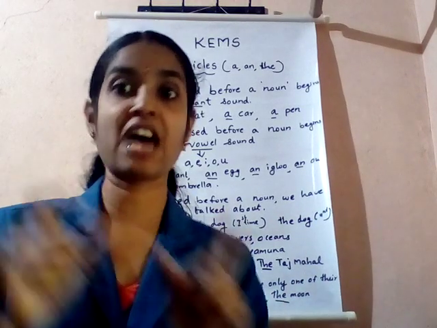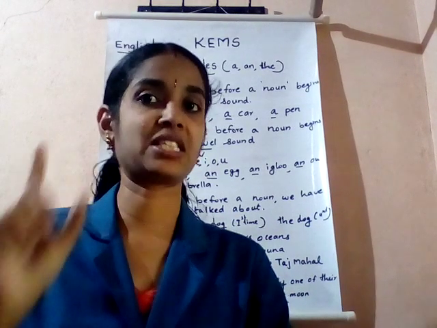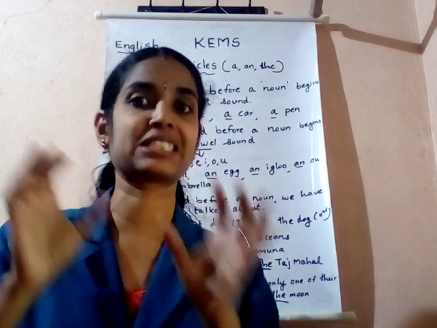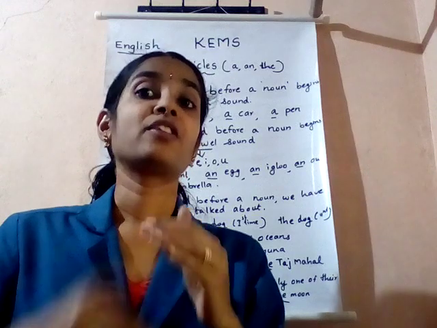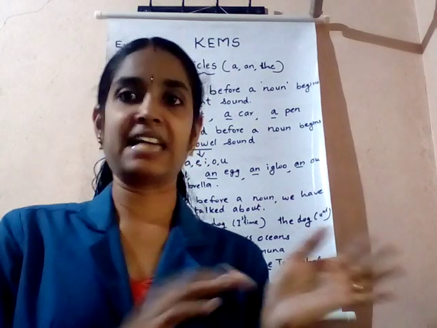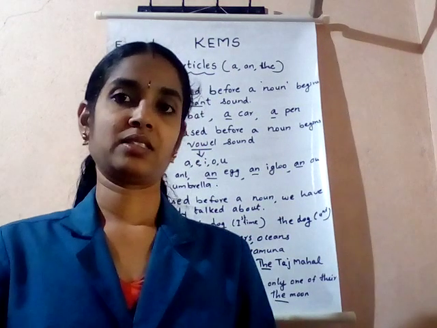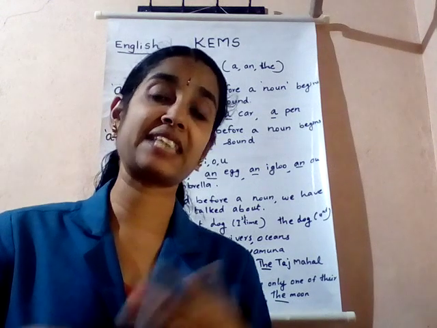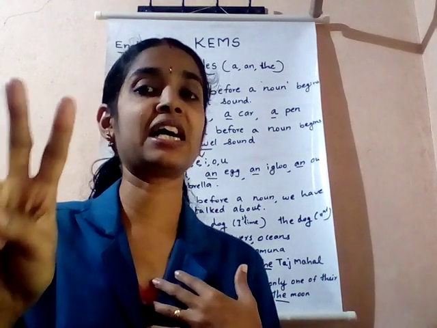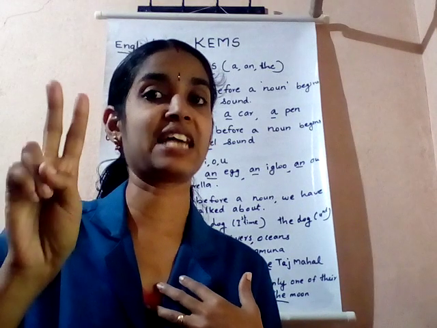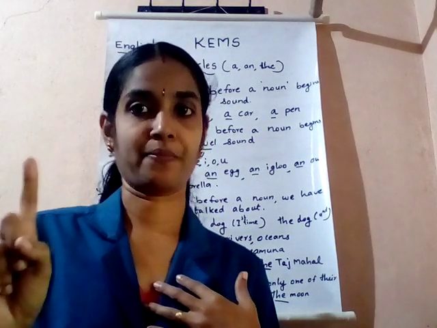So the first time we use the article "a." Okay, clear? We have already said that I have a pet dog, then the second time I said the dog plays with me. Here "the" is used the second time.